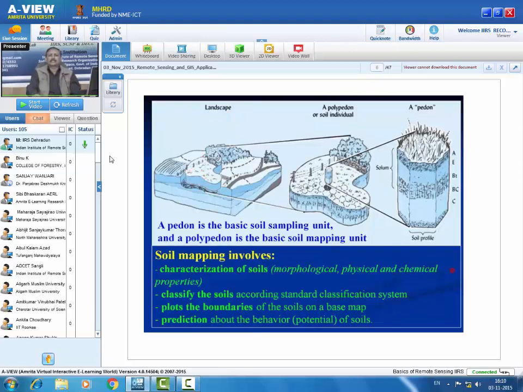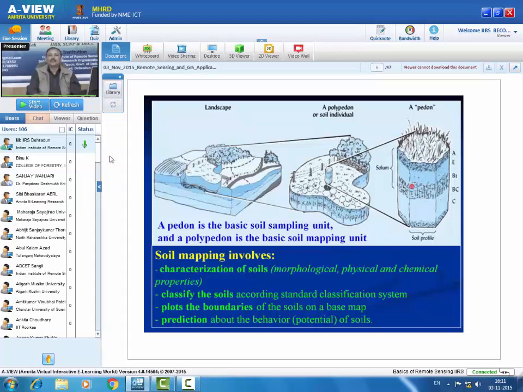Here in this slide it is shown the concept of soil mapping. You see this picture, this is known as a pedon. A pedon is where we see the various horizons, and this is also known as a soil profile. This soil profile we study, but we want to map this pedon, up to which area it is extending.